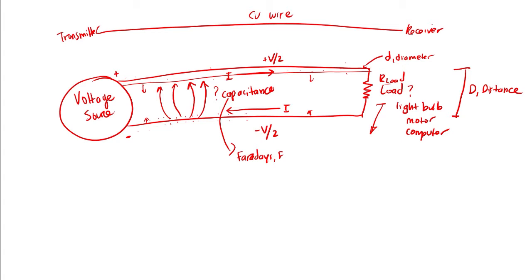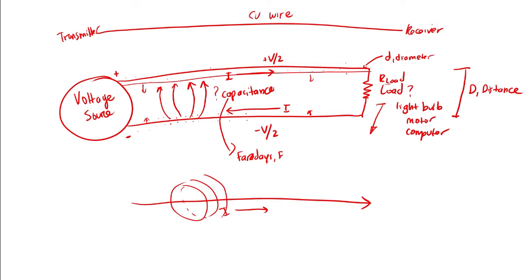So now what they think about is that if you have a wire and you have current flowing down the wire, that creates a magnetic field around the wire, which we can call B. So in reality, every wire has a magnetic field caused by the current flowing.